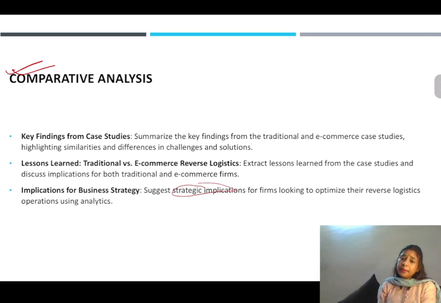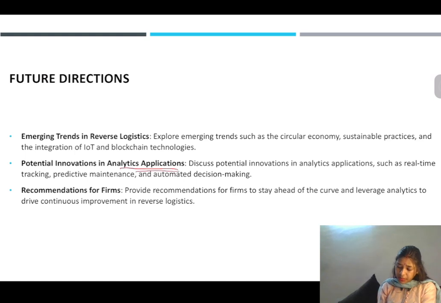These can be addressed well with the help of analytical applications and tools. If they are used, they can help in managing these, because these applications use real time tracking, predictive maintenance and automated decision making.